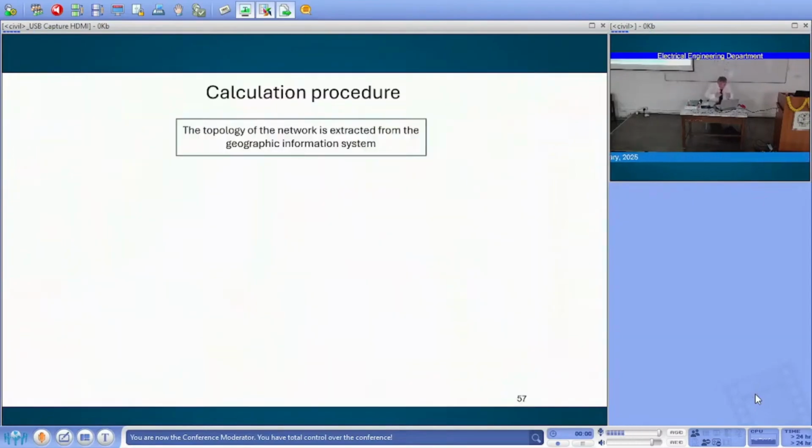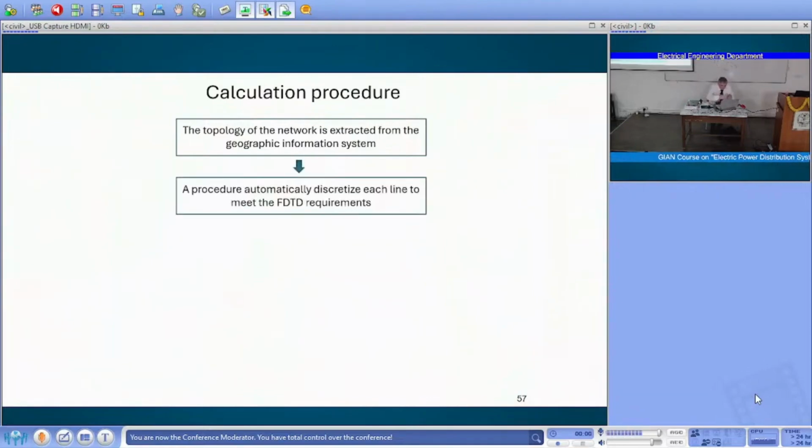the calculation procedure. The topology of the network is extracted from the geographic information system, and a procedure automatically discretizes each line to meet the FDTD requirements. That is the numerical technique that we use in order to calculate the transients in the line.